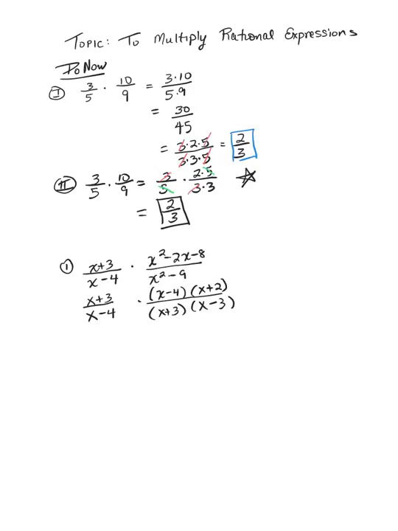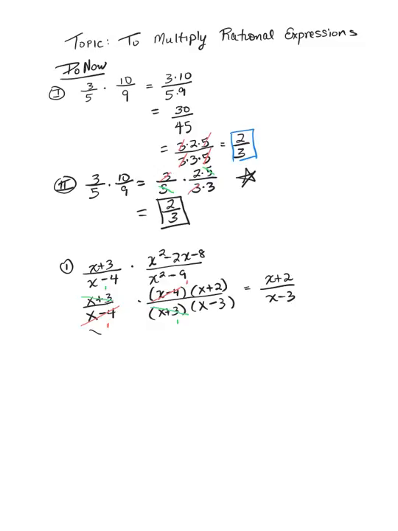So now we try dividing through the common factors, and we notice that we have an x minus 4 here and an x minus 4 here. That's a ratio of 1. An x plus 3 here and an x plus 3 here. That's another ratio of 1. And the result is just x plus 2 over x minus 3.